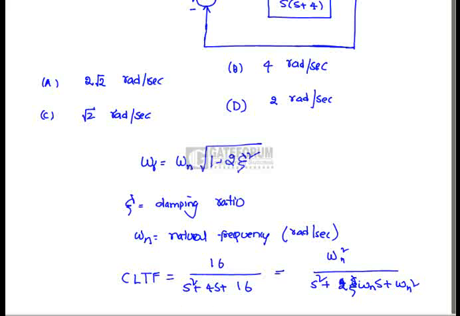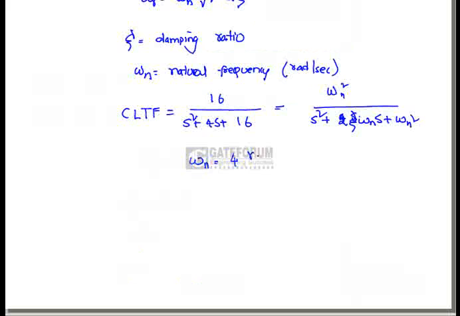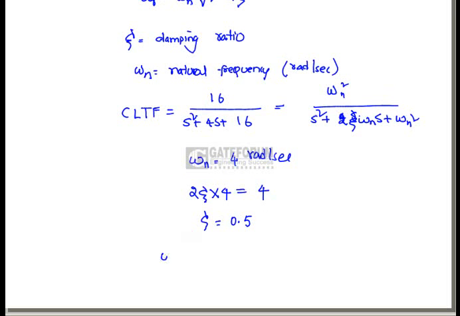From this comparison, we get omega n equals 4 radians per second, 2 zeta into 4 equals 4, so zeta equals 0.5. If we substitute omega n and zeta in equation 1, we get omega r equals 2 root 2 radians per second. Answer A.